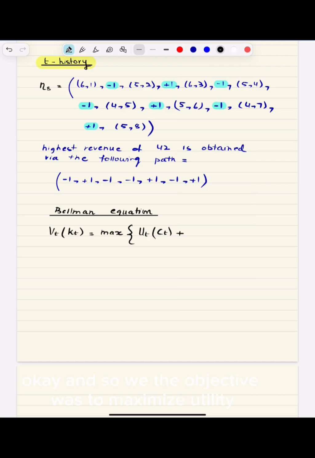Okay, and so the objective was to maximize utility of the same time period plus the stream of utilities that you will get in the future from the state that occurs after you make the consumption decision.